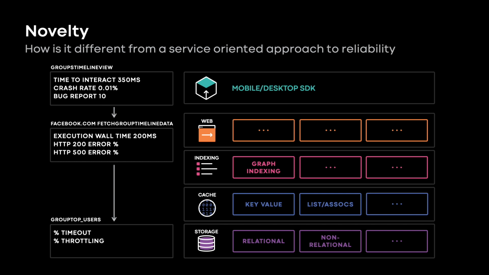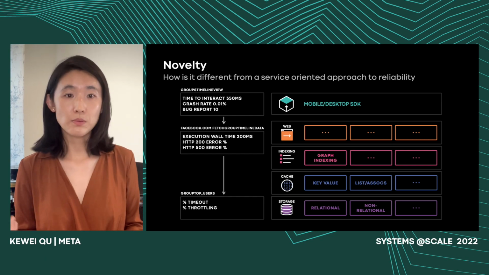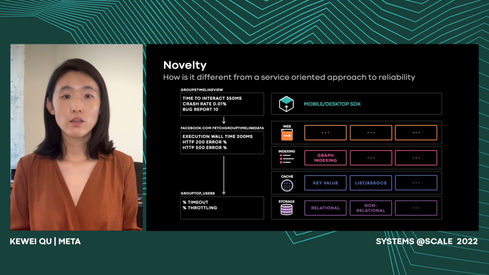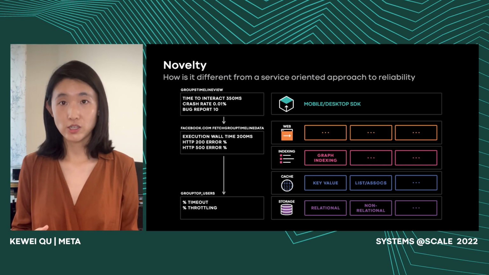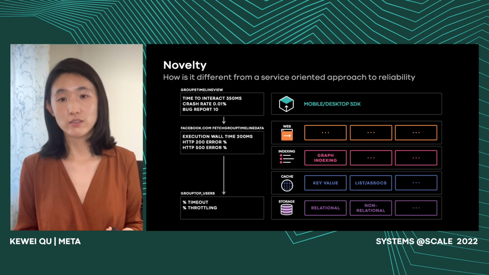And we have the matching metrics like total execution time, HTTP 200 errors, which are partial errors, and HTTP 500 errors, which are total fatals. And then we do it all the way down to the storage. So here, instead of looking at the entire DB's reliability, we're just going to look at one specific relation, which is the group users relation, and check if that use case has problems like timeout or throttling.